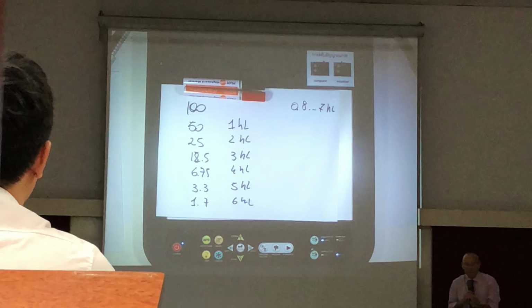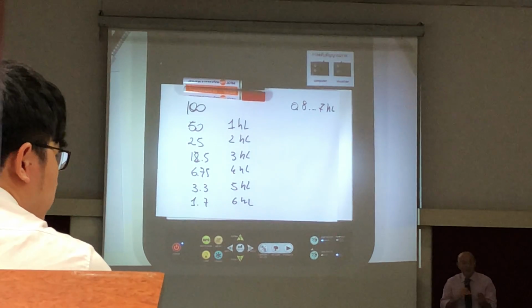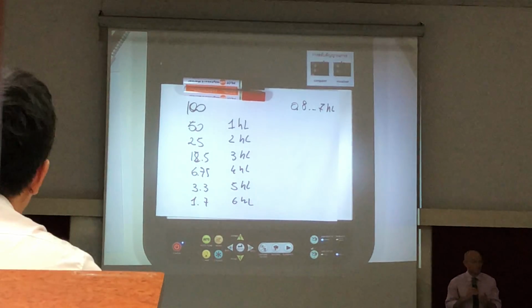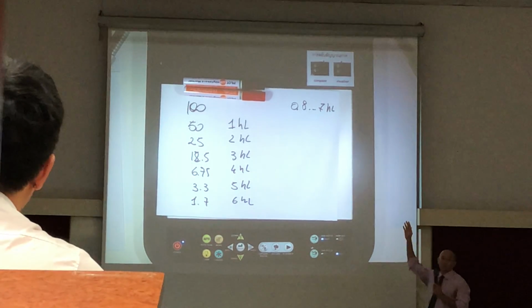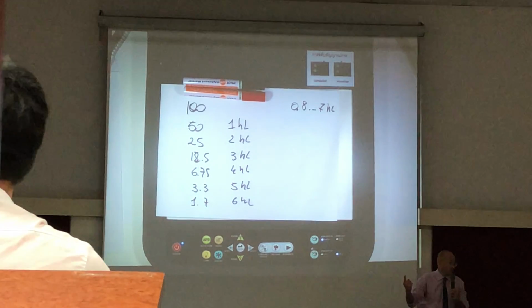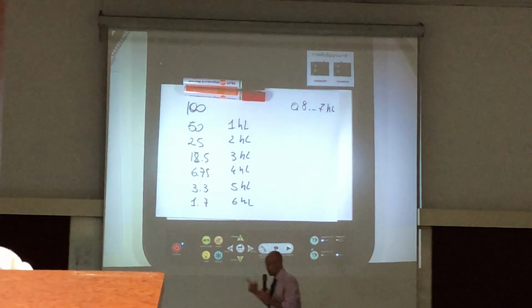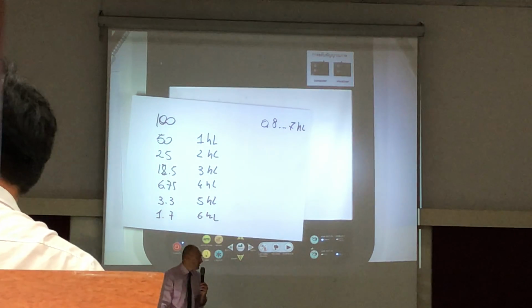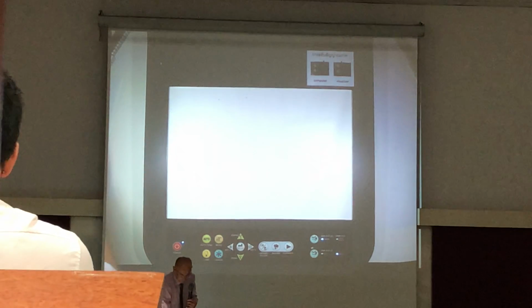If the half-life is 2 hours, from 14 to 20 hours. Okay? Just because the plasma concentration are lower than 1%. So keep this in mind, because the explanation is quite easy to understand.